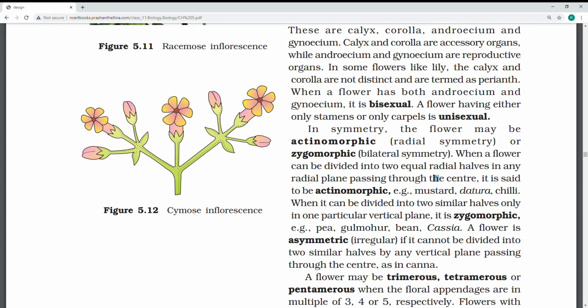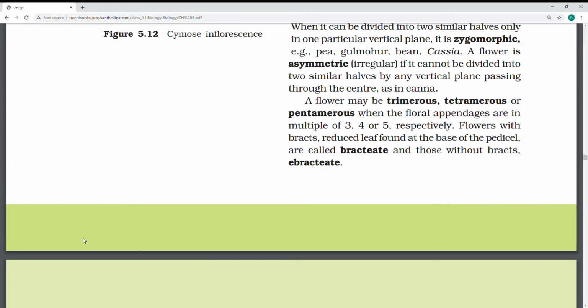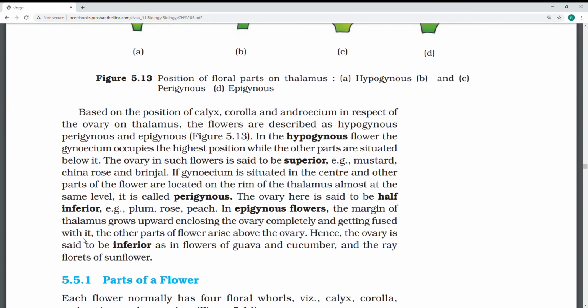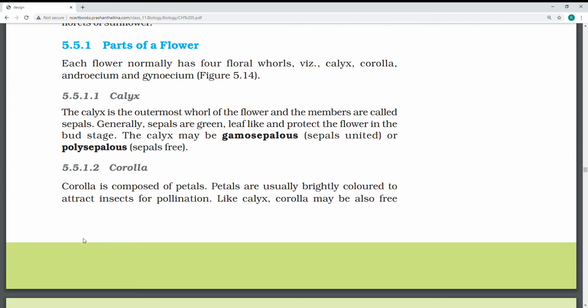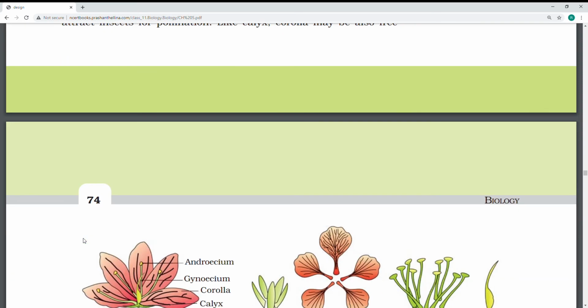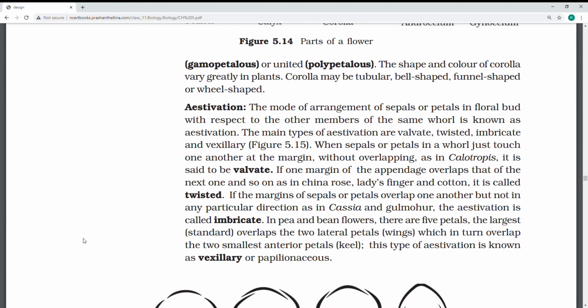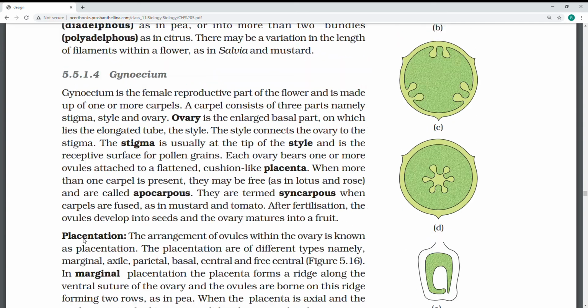These flower structures, if you see the structure of a flower, here they have given many types. See the flower diagram, the parts of a flower.